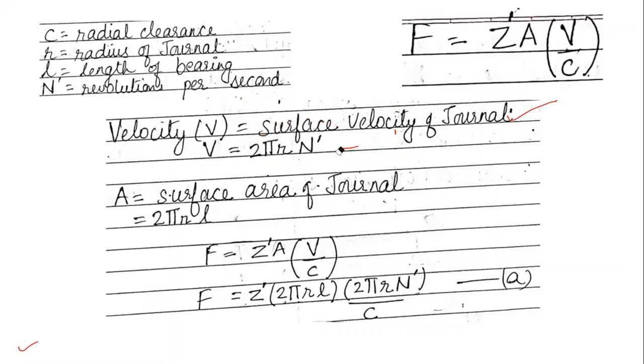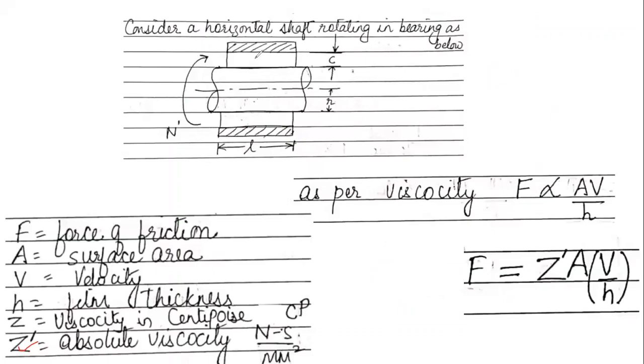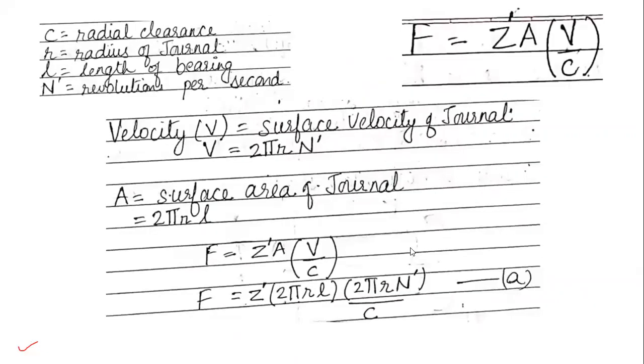Let me take you to the diagram and show you the surface velocity of the journal. You can see here this circumference, we are going to take pi d into N dash. This is how you can understand the formula of the surface velocity of the journal.